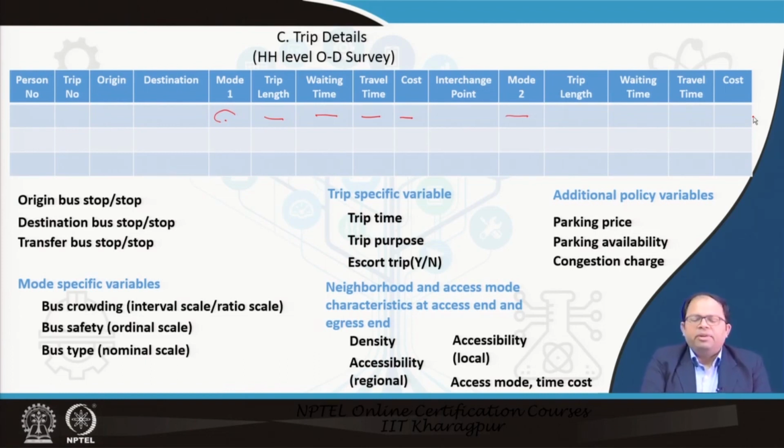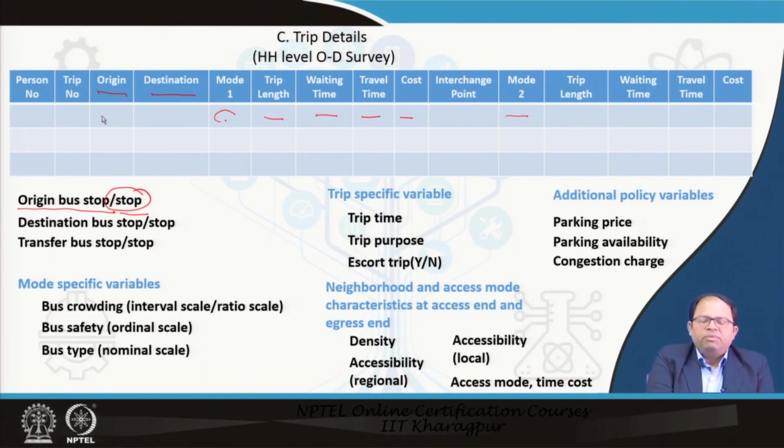Now this is the very typical part of the questionnaire, but based on certain kinds of travel diaries, we can have certain other information which could also be asked. For example, even though we are taking origin and destination, if a person is traveling by bus, probably we should also take the origin bus stop name, or if he is traveling by other kinds of paratransit or so on, we can take the stop name from which he is getting on that particular bus.